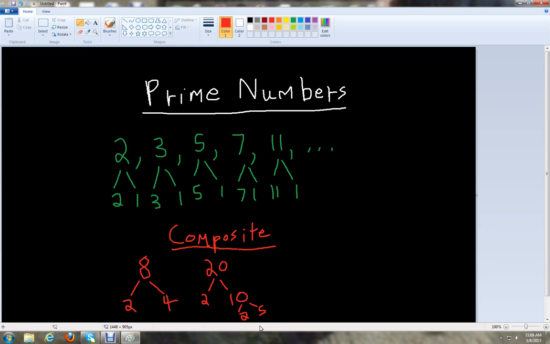So you can see that 20 is not a prime number, because you can have other factors besides 1 and 20. You could have 2, you could have 5, and even 2 times 2, that's 4. 4 is also a factor of 20, and then also 10 is a factor of 20. So those are examples of composite numbers.